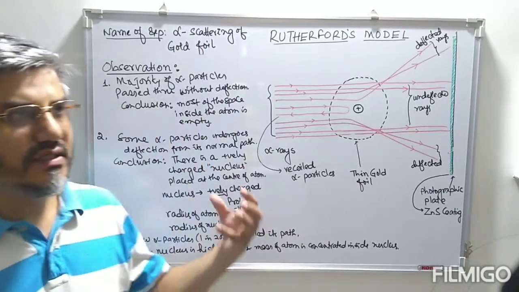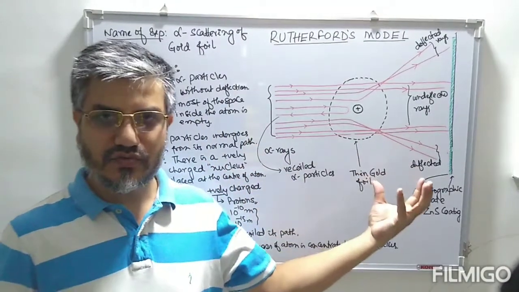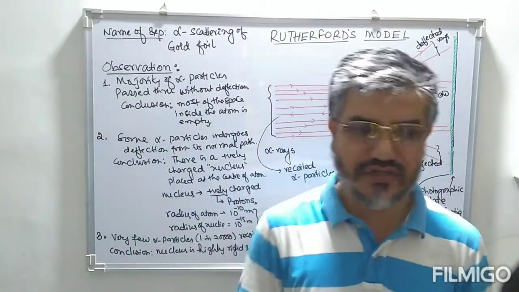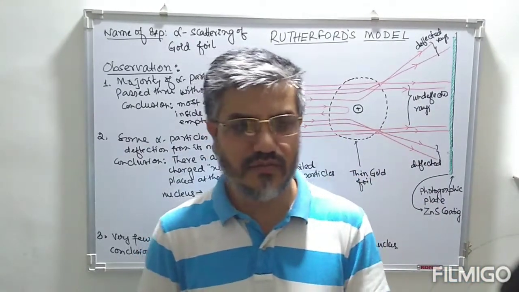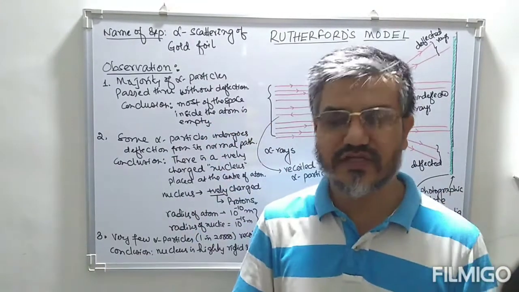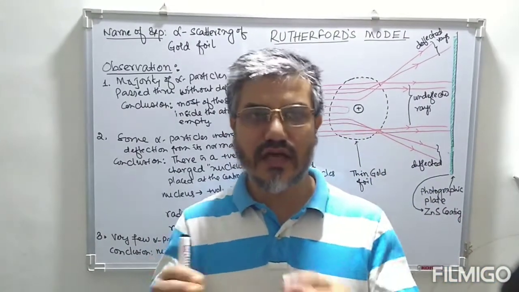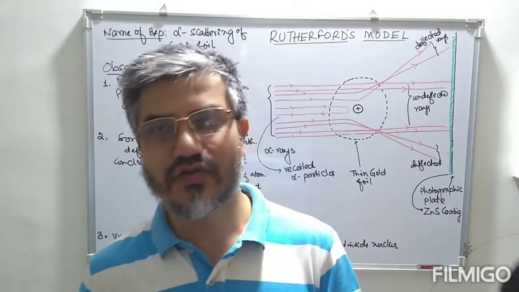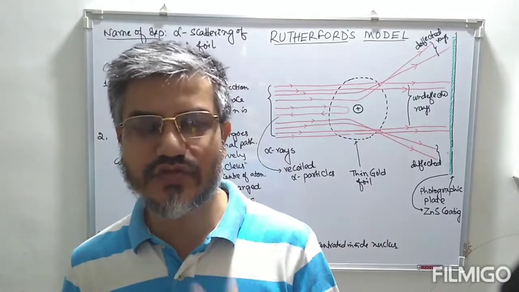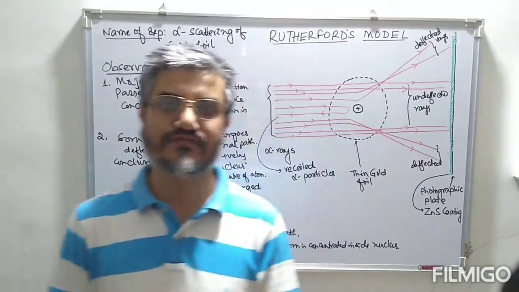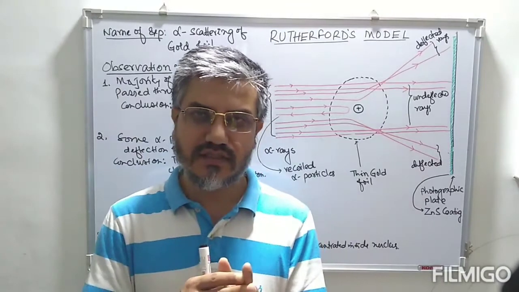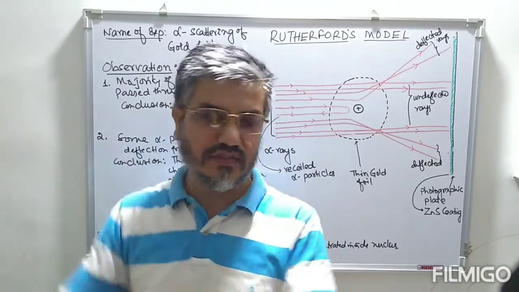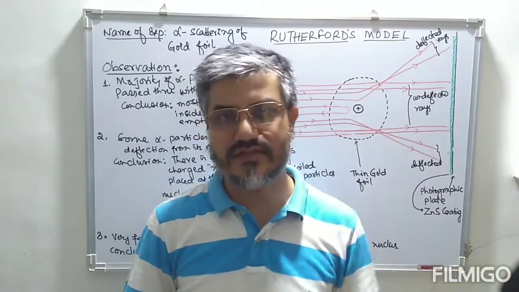So this model is sometimes compared to the solar system, but there is a major difference between the two. In the solar system, the sun and the planets are very large and uncharged, whereas the nucleus and electrons are extremely small subatomic particles, and they are charged too.